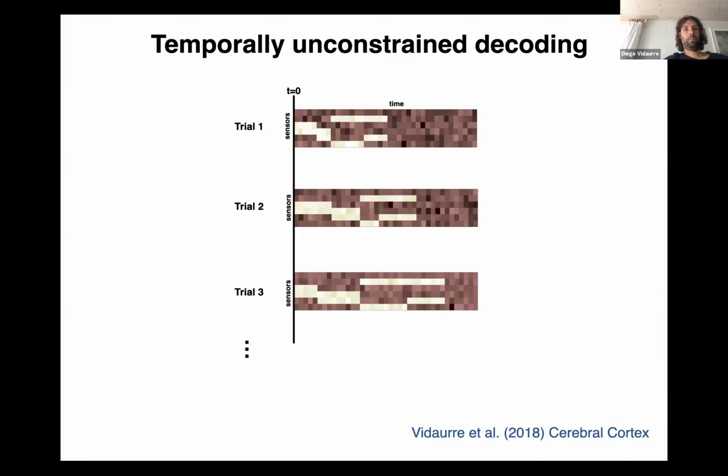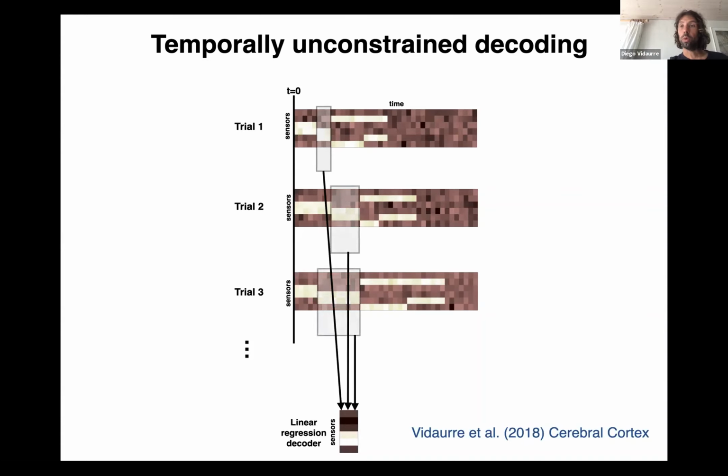So what's the deal? As you remember, the basic decoding method works by training one decoder per time point across trials, so one decoding model per time point. The idea here is to have a much smaller number of decoders, or machine learning classifiers, that predict stimulus from data, but we allow them to occur at different time points per trial.